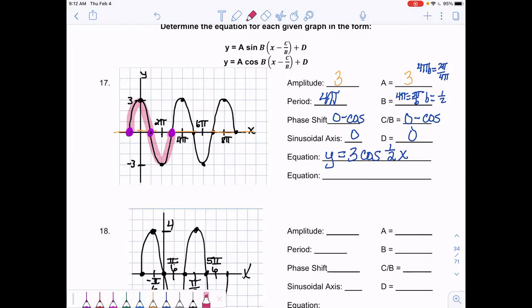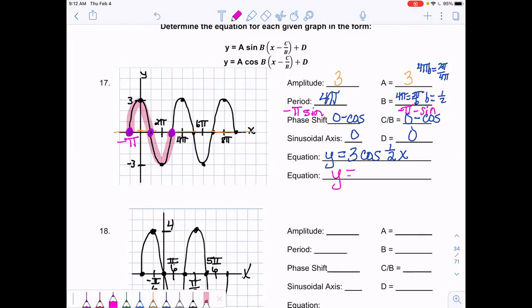It's just the phase shift changes. So for sine, Jenny, what's the phase shift for sine? Yeah. So if you count, we're counting by pi here. Each little box represents pi. So the phase shift for sine is negative pi. So negative pi for sine.